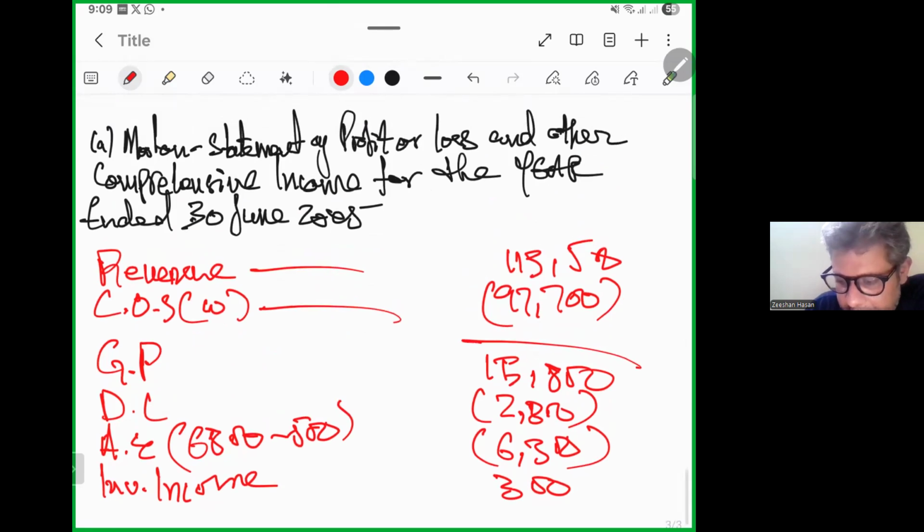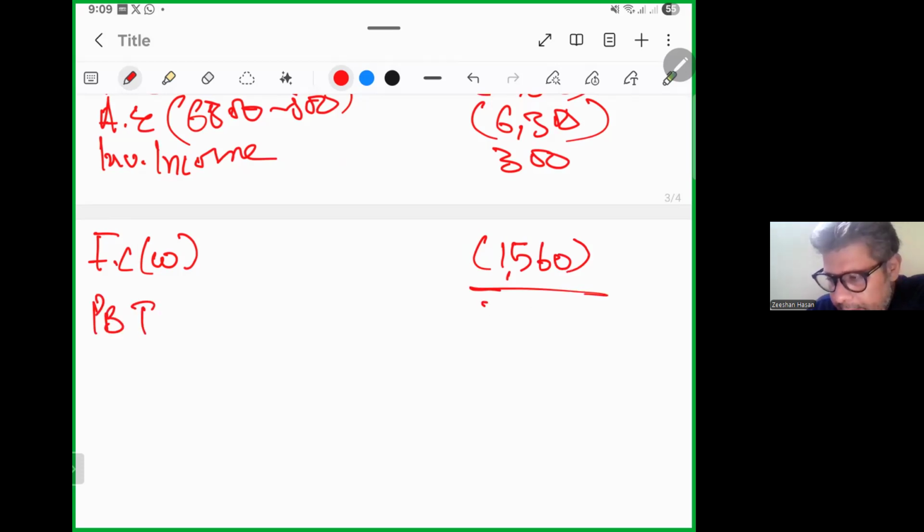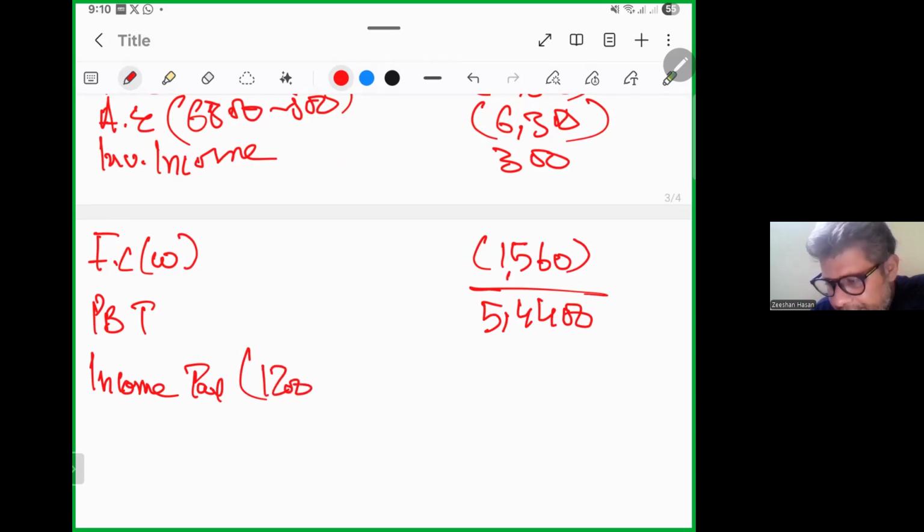Finance costs, we already did the working, 1,560. Income tax, as I told, we will do that in here. So 1,200 plus the taxation adjustment or the provision we have to add here, that is 2,000.